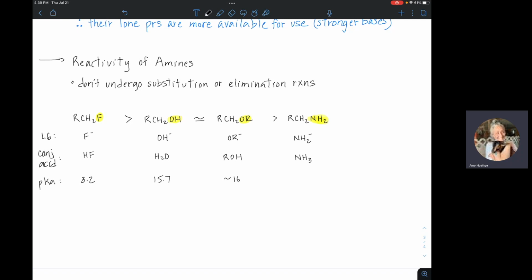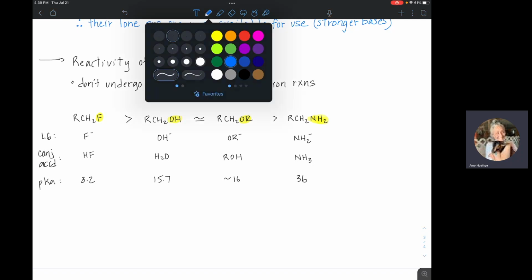And the pKa of ammonia is 36, meaning it has such a high pKa value, it's not even an acid, right? We know ammonia is a weak base. So if the pKa value is so high, the conjugate base of ammonia, the amide anion, must be a pretty strong base.